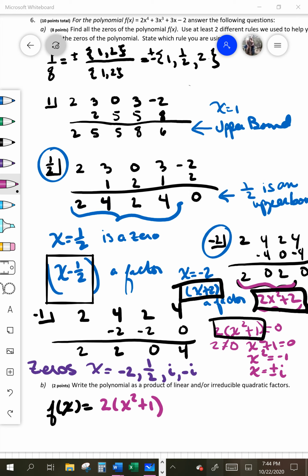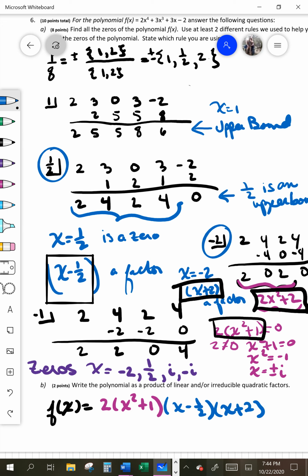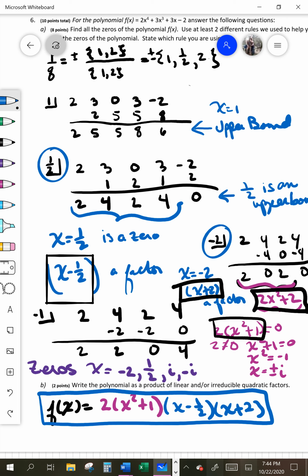All times x minus 1/2, all times the quantity x plus 2. With multiplication, in this case, order doesn't matter. So if you had this in a different order, it would be the same result and you would be okay.